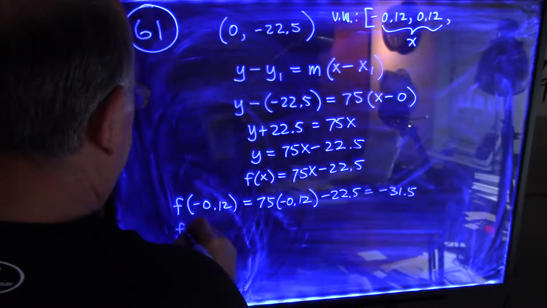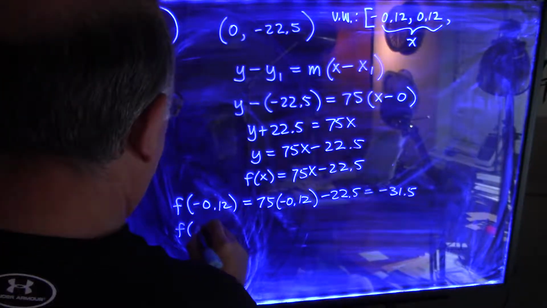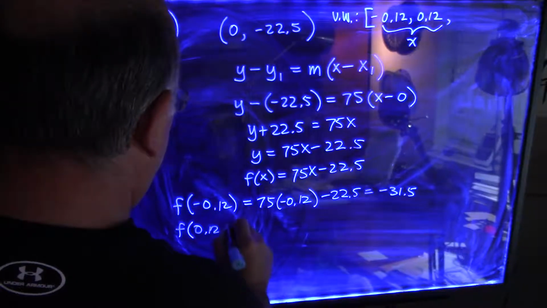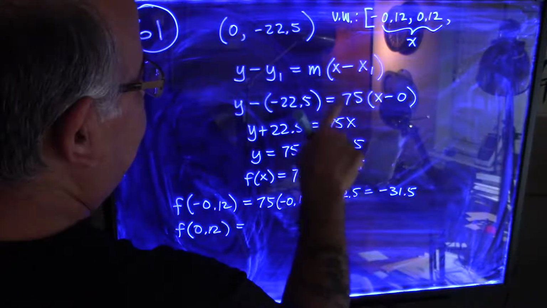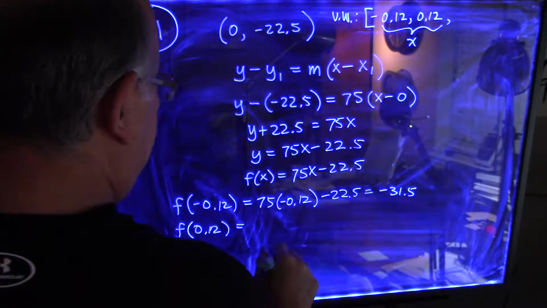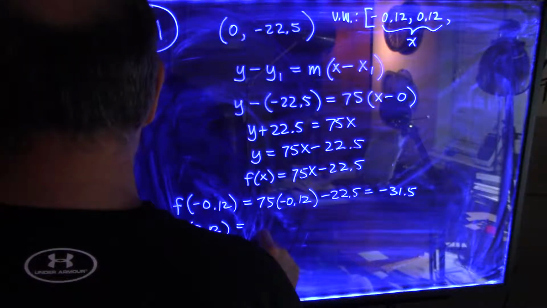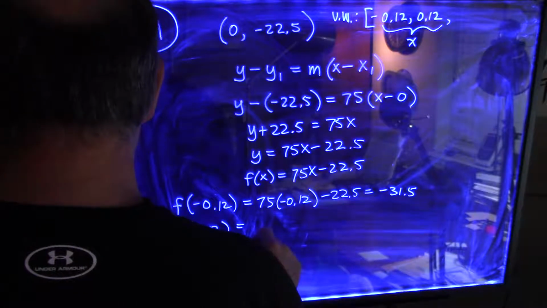And we also need f of 0.12. So plug that in to x right there. And what you end up with is negative 13.5.